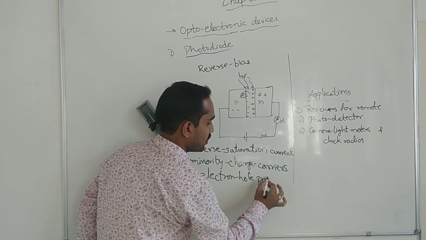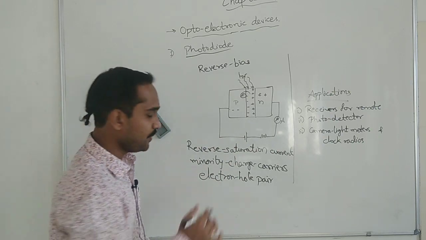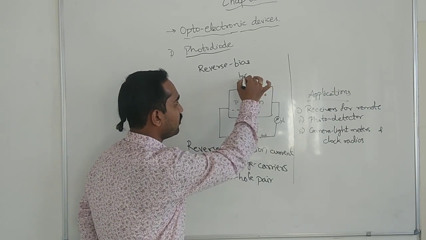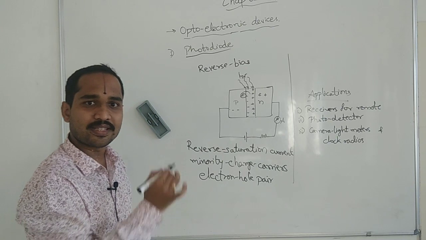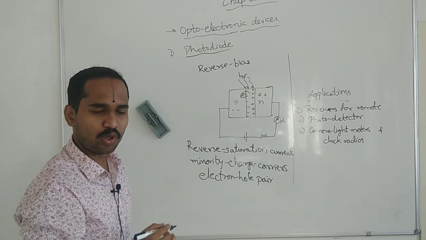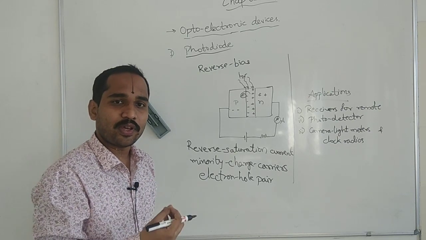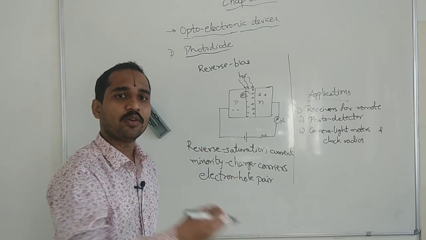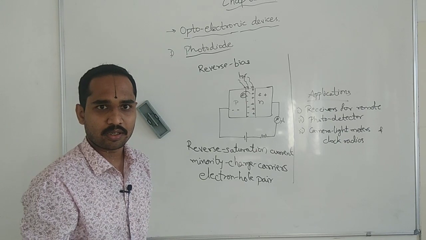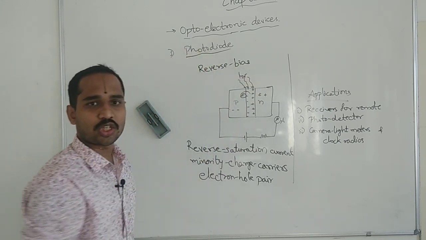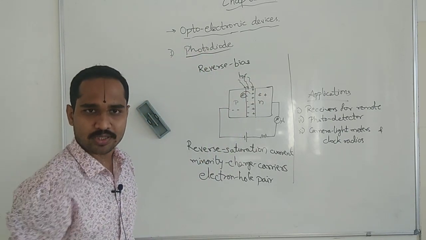Please remember this. This is the working I am explaining. When a photon of energy h nu is incident on a PN junction diode, one electron will get enough energy to jump from the valence band to the conduction band. So it crosses the junction now. It has got energy, so it will cross the junction.